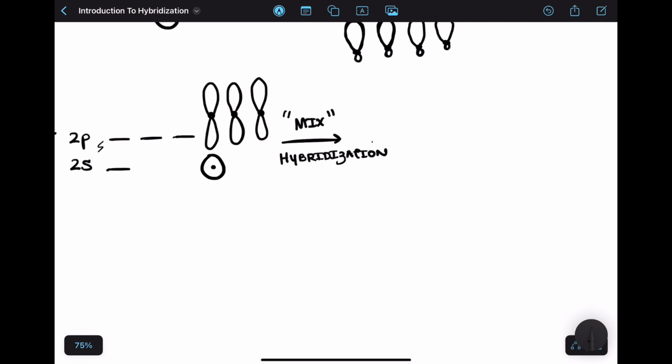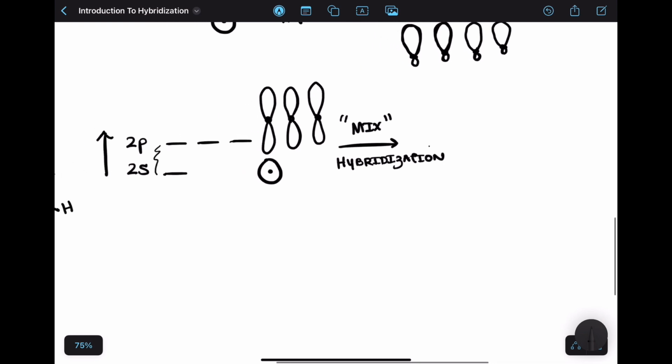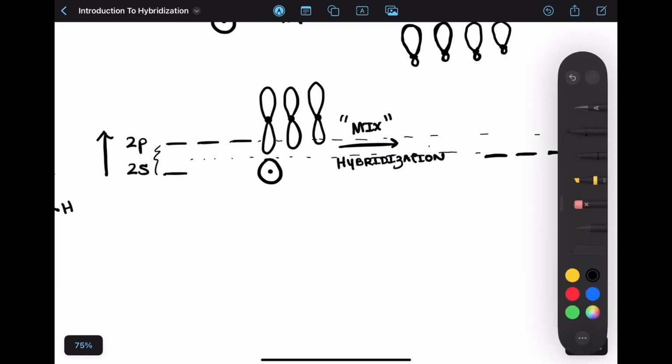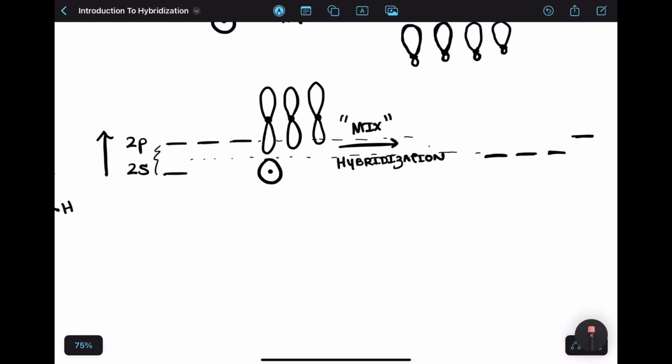They're going to be somewhere in between these two in energy. So if I were to draw a line somewhere in between, I'll have my three orbitals, and then the p will stay exactly at the same energy level. Guys, see that? It's a subtle thing to understand.